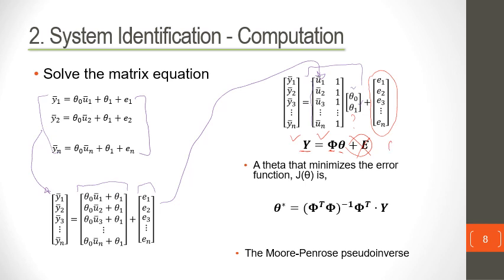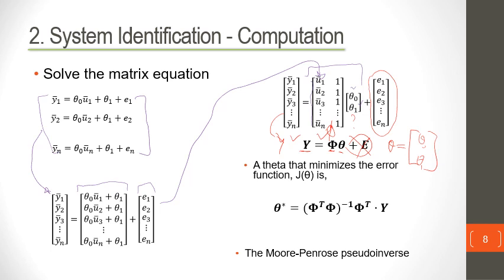The theta in this case, the big theta, is simply a vector containing theta 0 and theta 1. And this becomes the big Y, which is the vector Y, and that becomes the matrix phi.